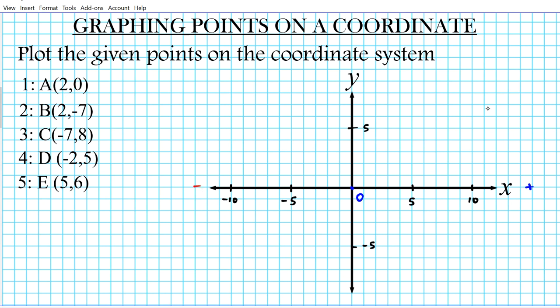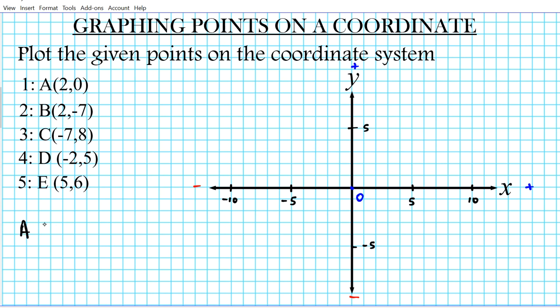If you go up, that indicates a positive y direction, and if you go down, that indicates a negative y direction. So a combination of movement to the right and up or down, or to the left, up or down, would take you to a position on this coordinate system that corresponds to these points that we have right here.